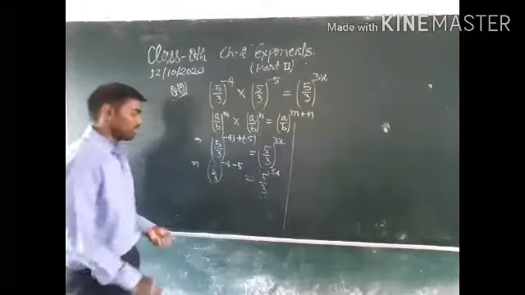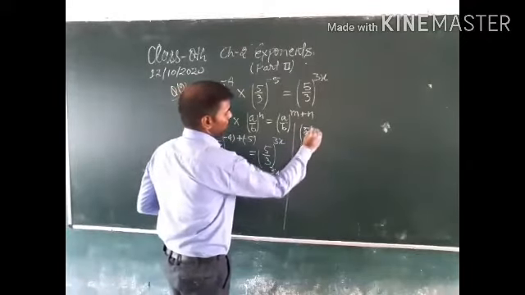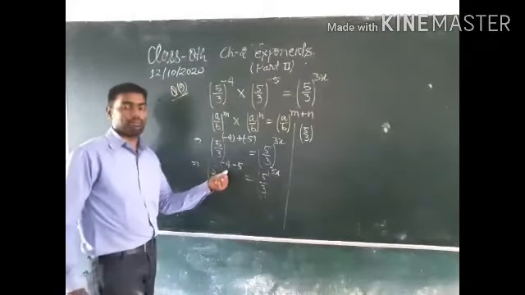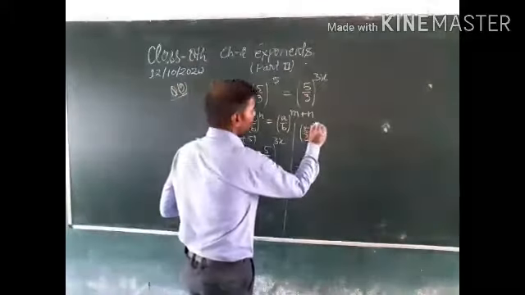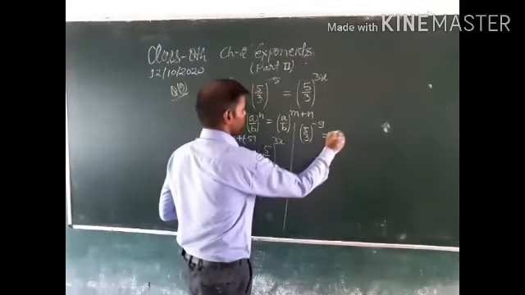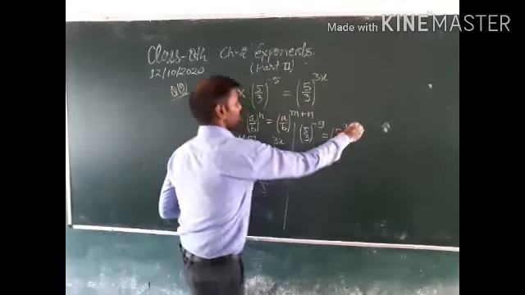Now it can be written in the form (5/3) to the power minus 4 minus 5. Minus 4 minus 5 is equal to minus 9, which is equal to (5/3) to the power 3x.